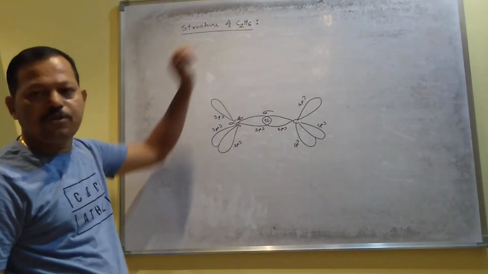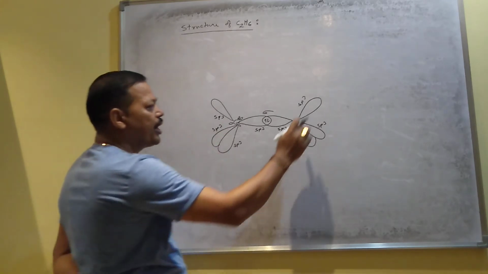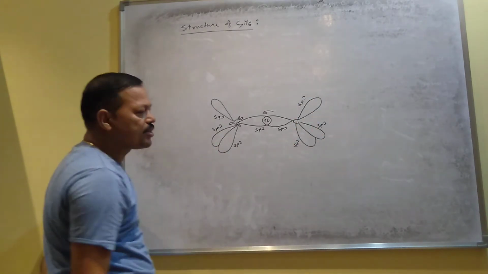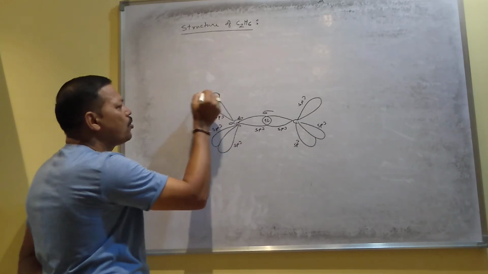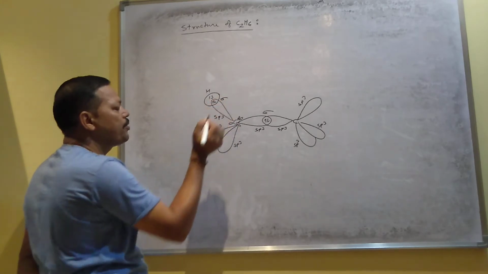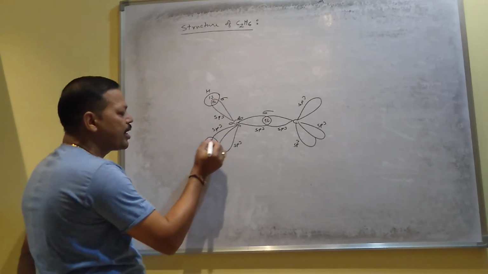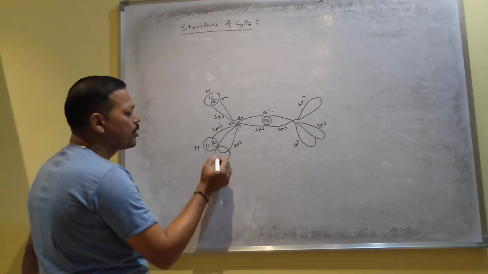Now there are 6 hydrogens. 3 hydrogens overlap with these 3 sp3 and another 3 hydrogens overlap with the other 3 sp3. So the 1s orbital of one hydrogen overlaps with this and produces a sigma bond. Another hydrogen overlaps with this, producing another sigma bond.